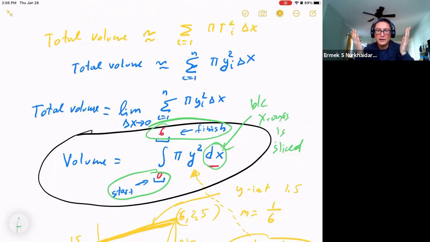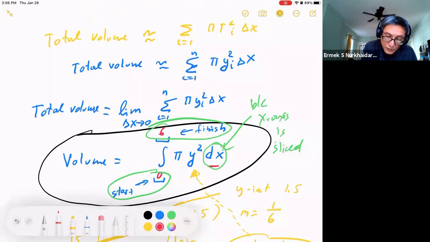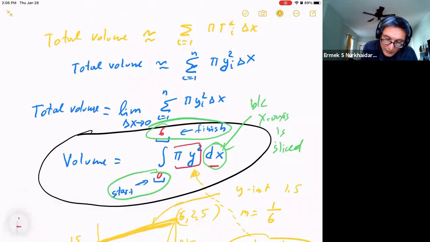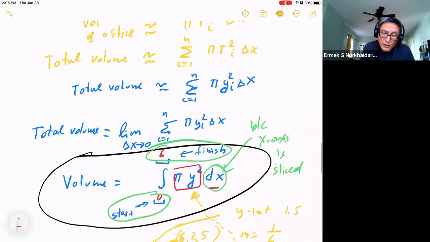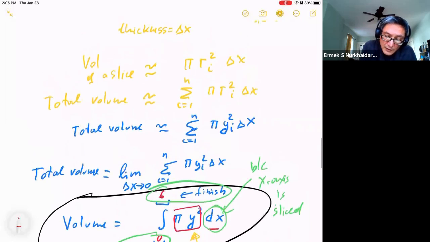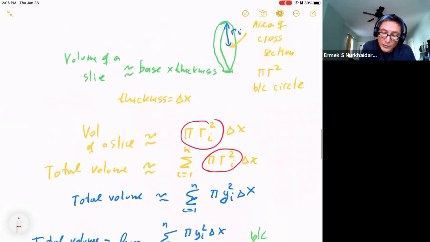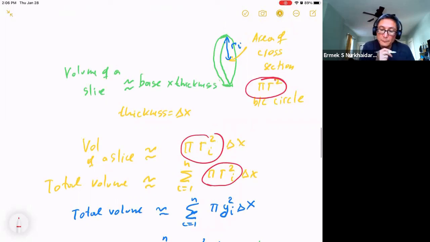The integral sign is the integral sign. One thing which may still be confusing is where that pi y squared comes from. Let's see where it comes from. It's this stuff, and it comes from here.